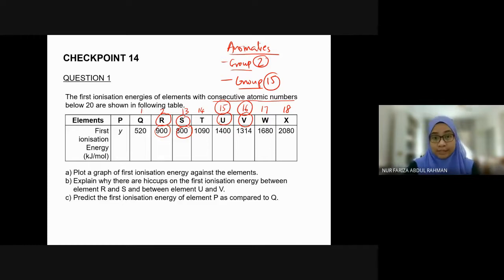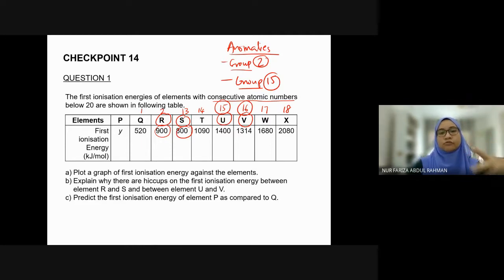We have learned this already. The difficult part is determining the group. Once we have determined that, it should be easier because we know the reason already.